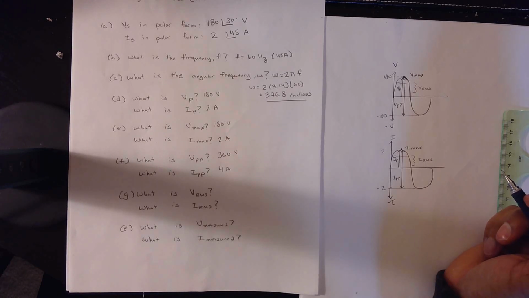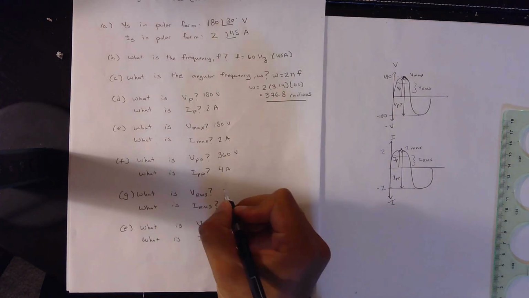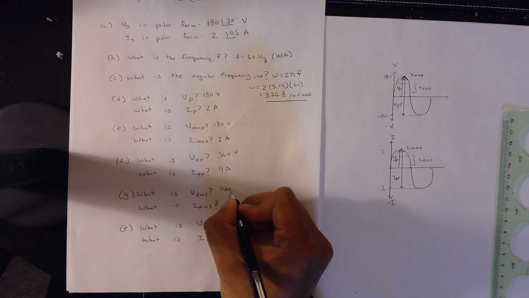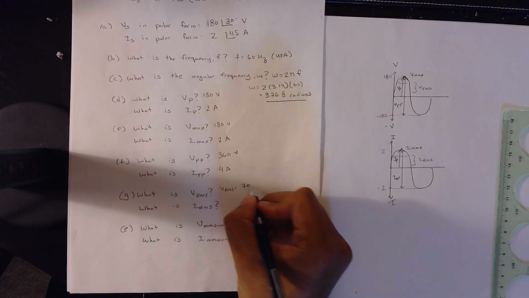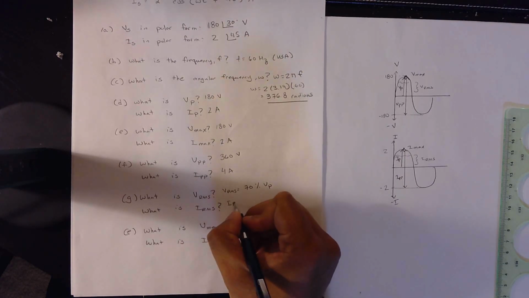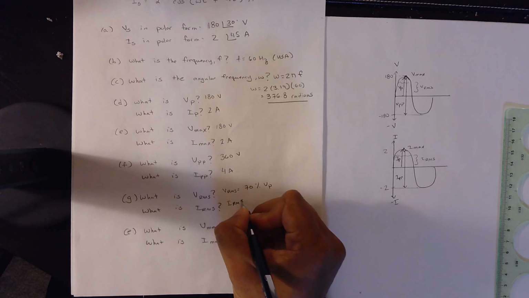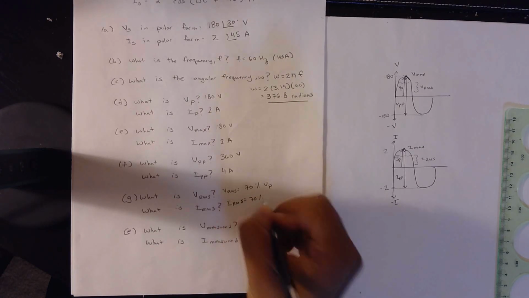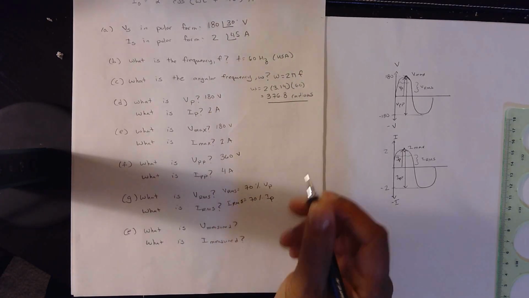Your RMS is going to be roughly 0.707, but we can say RMS is roughly 70% of our V peak. Your IRMS is roughly 70% of your I peak.